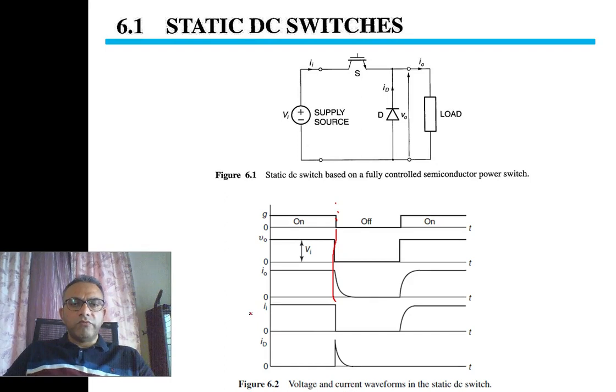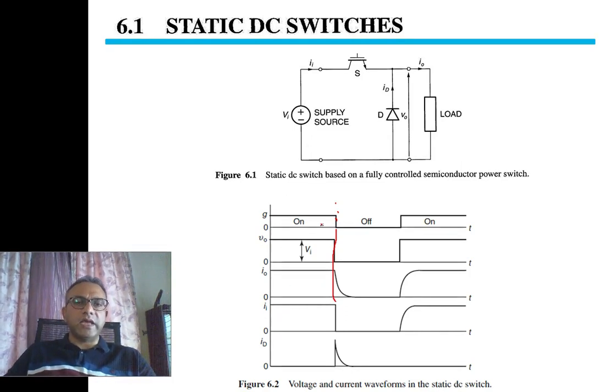Now we come to the fourth waveform, that is the I input. When the switch is turned on, the source supplies the current to the load, and the load current and the input current are both equal and same in wave shape and same in magnitude.